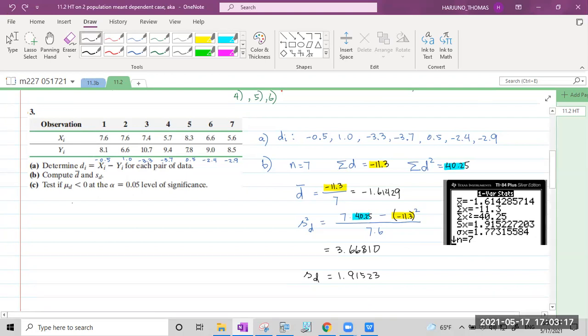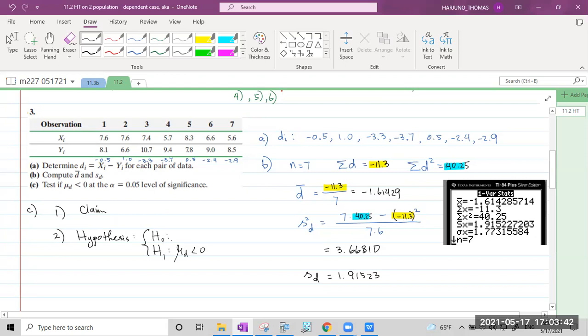Now let's see part C. Part C, test if mu d is less than 0. Step 1, there's no claim. Step 2, the hypothesis. That's alternate hypothesis, mu d is less than 0.